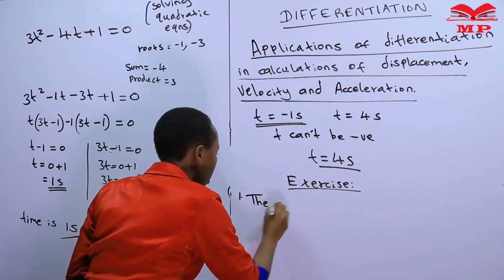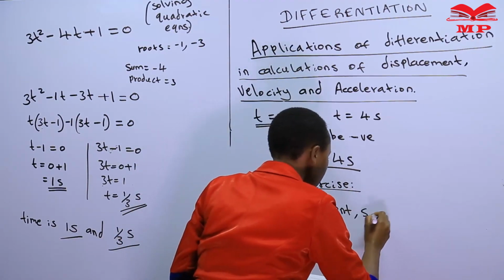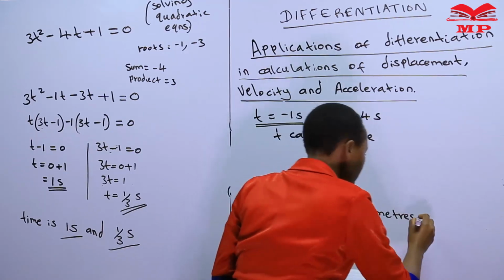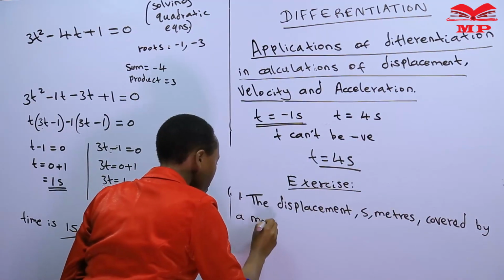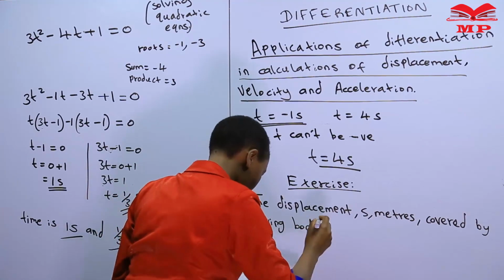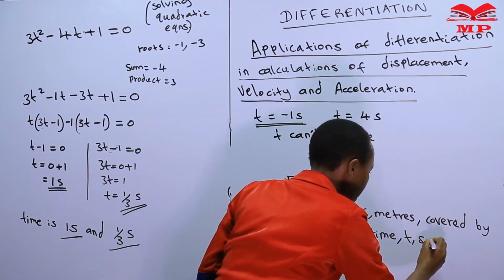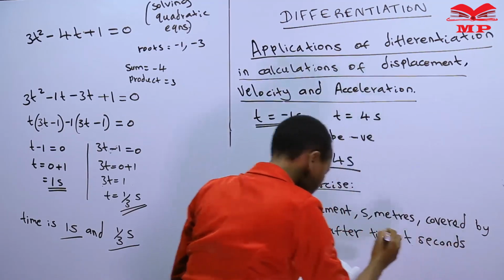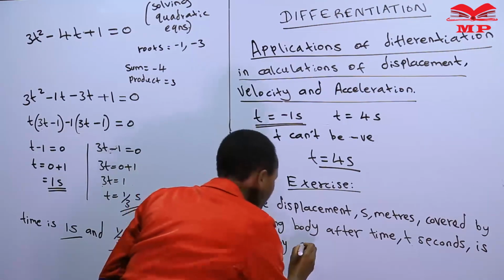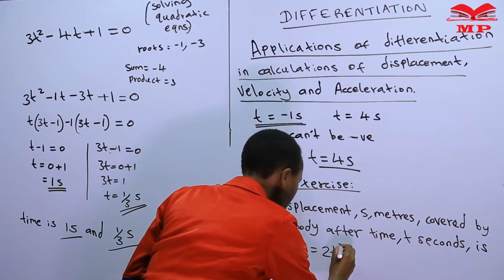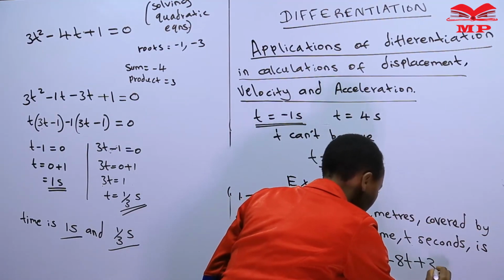So number 1, the displacement S meters covered by a moving body after time t seconds is given by the following equation: S is equal to 2t cubed plus 4t squared minus 8t plus 3.